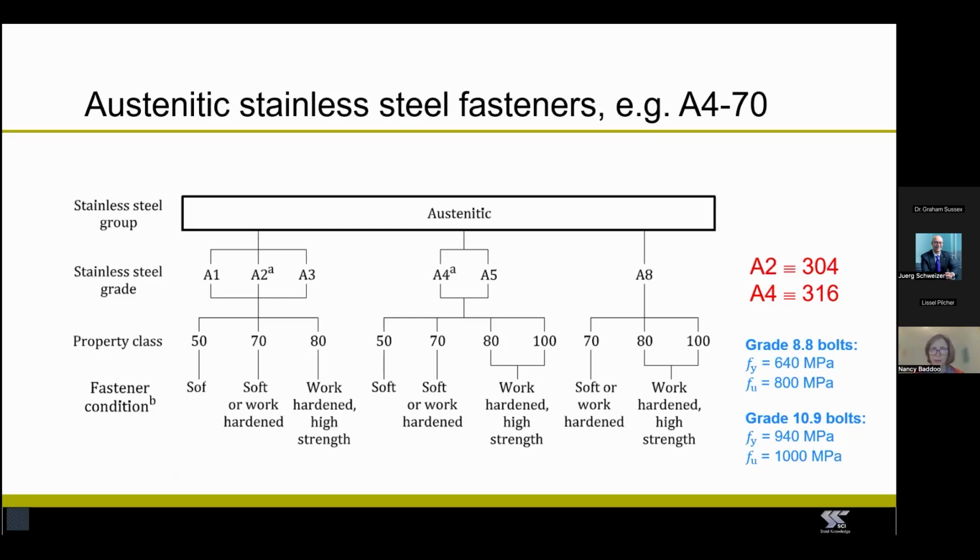A for austenitic, 4 is for the alloy, 4 is like a 316 alloy, and then the 70, 80 is the property class. So a bolt that's property class 80 has a tensile strength of 800 megapascals. So that's similar to a grade 8.8 carbon steel bolt.